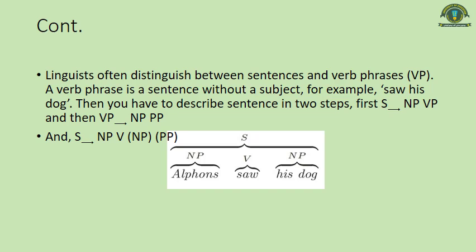So his dog is another noun phrase, whereas Alphonse is also a noun phrase. So this sentence is embedded with other noun phrases, verb phrases and prepositional phrases as well.